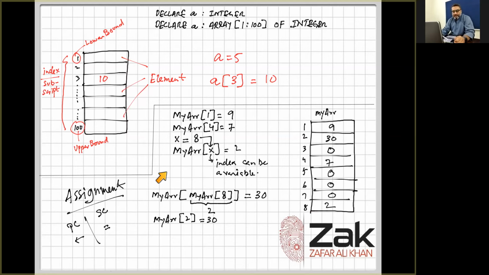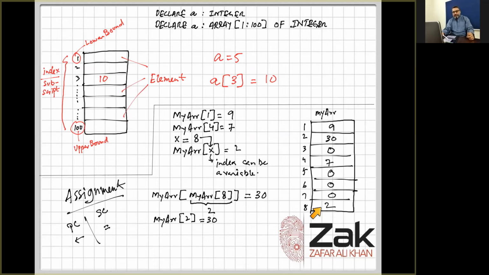Now, sometimes we might have a complicated situation, like in here. This is with reference to some past papers, where I observed that inside a subscript, another array was mentioned. Instead of a variable, an array's location was used as an index. So that's not a big deal. First, we have to solve what the subscript itself is. So MyArray[8], what is it? 2.